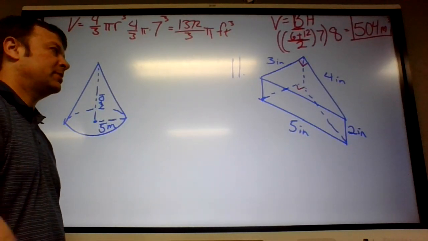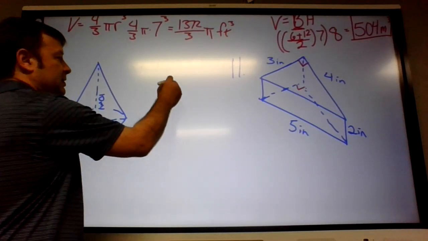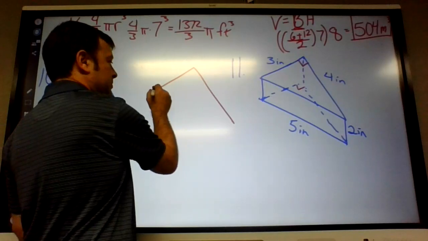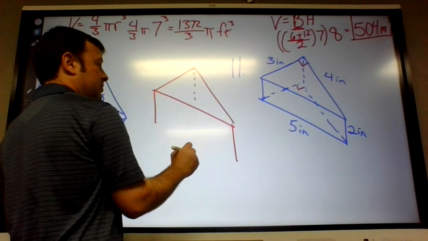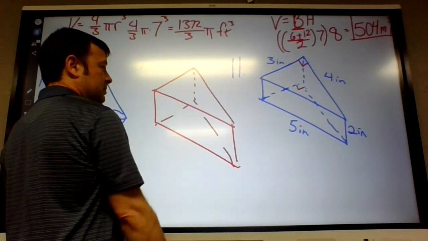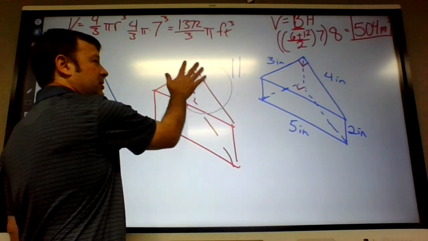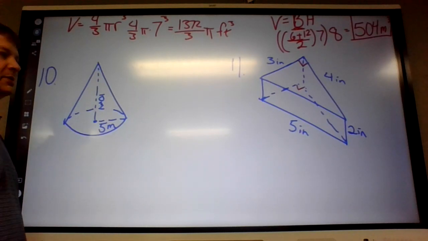Took me a minute to draw this one. This one's kind of easy. I just did a right triangle, and then you just draw lines down like this, and they're all the same length, and then you kind of connect them. Kind of sloppy. That's why I kept having to fix it. All the lines you draw down should be the same length. That's kind of the key to making it look good.